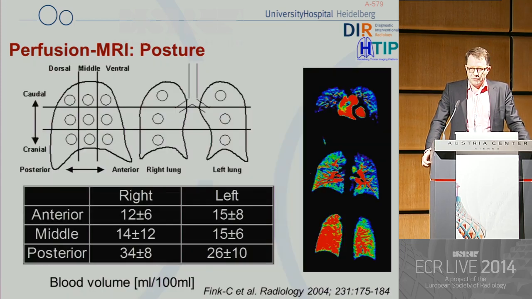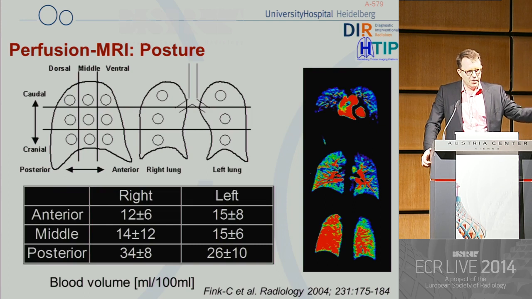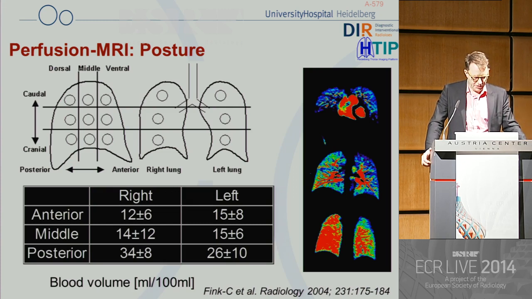So what is the effect of posture? Patient lying supine in the scanner. Certainly the blood volume is distributed along the gravity gradient, so we will have a much higher pulmonary blood volume in the posterior lung parts than in the middle and the anterior parts.